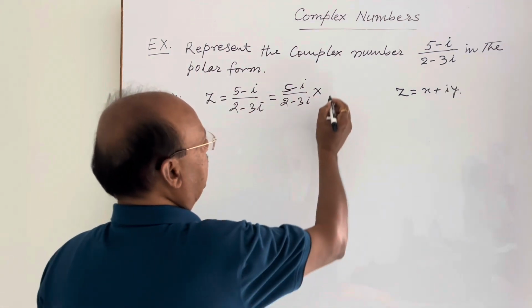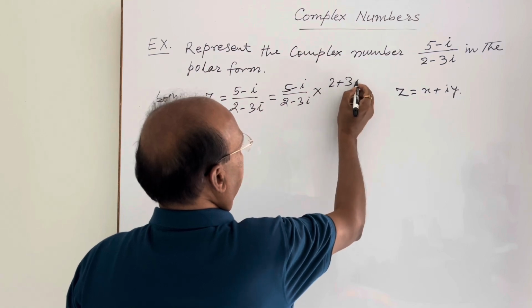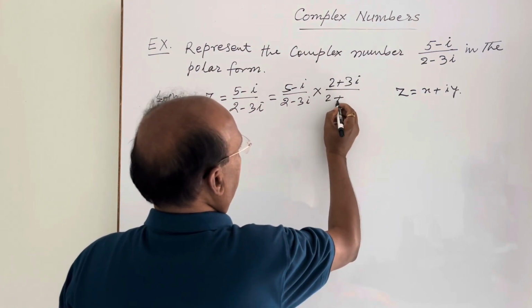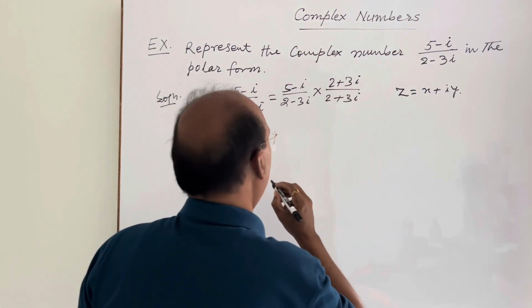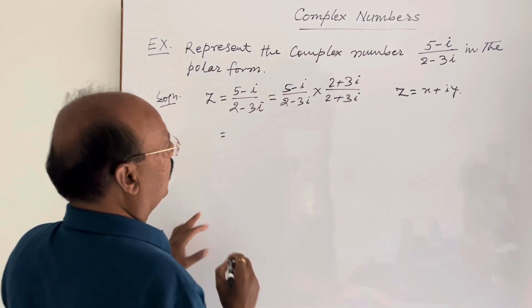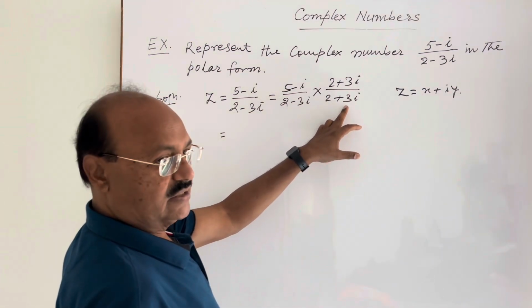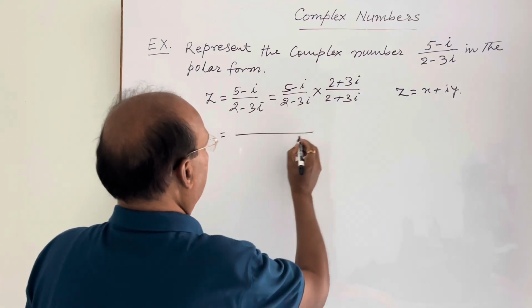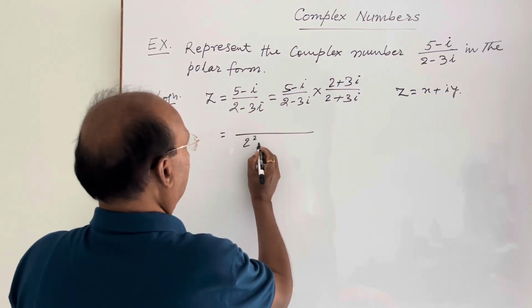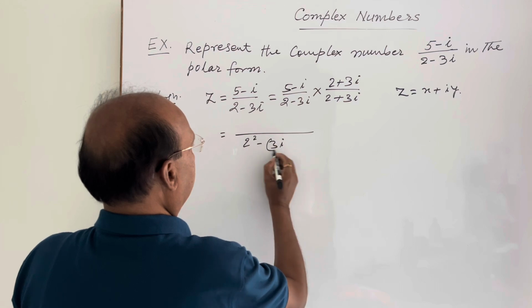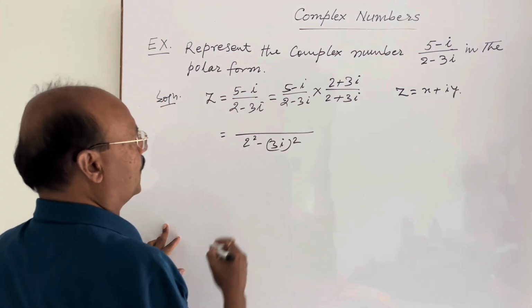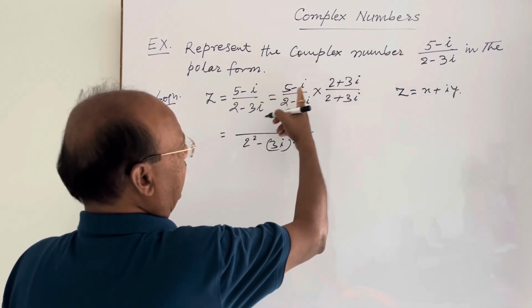Conjugate of denominator is 2 + 3i. Let us simplify it. Denominator is in the form of (a - b)(a + b), this is a square minus b square, 2 square minus (3i) whole square, and numerator will be multiplied.